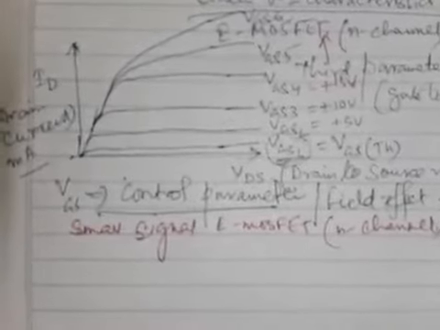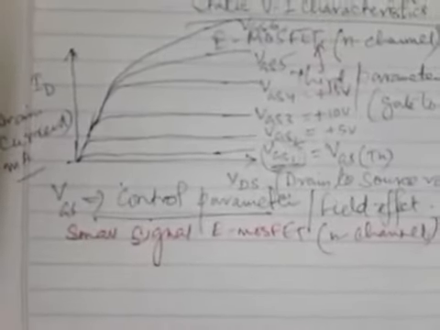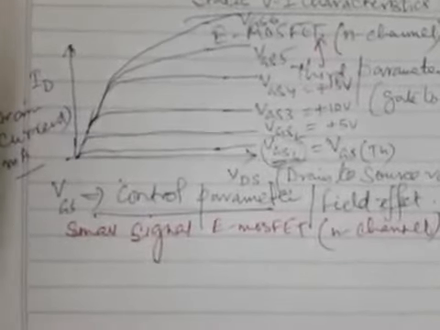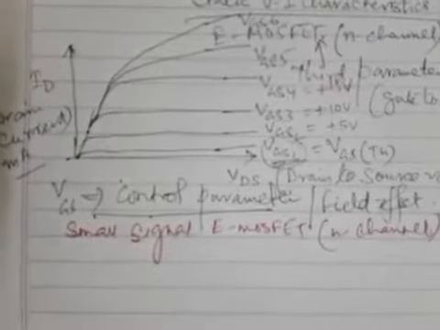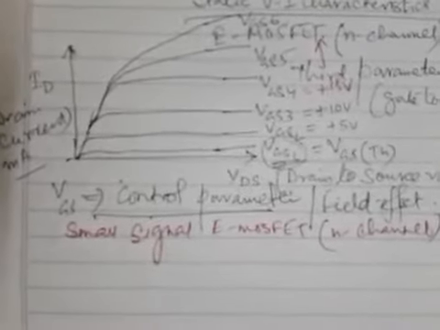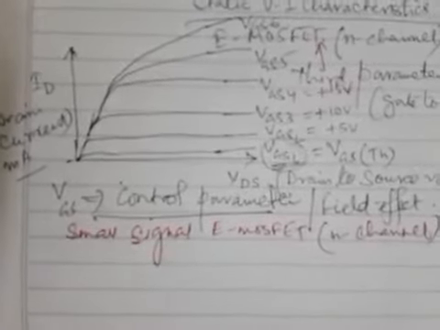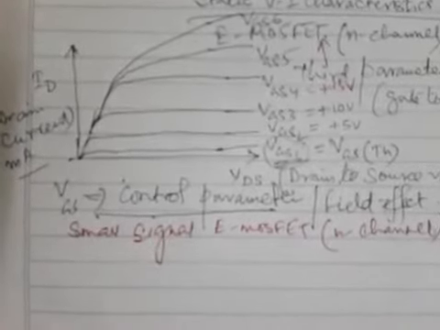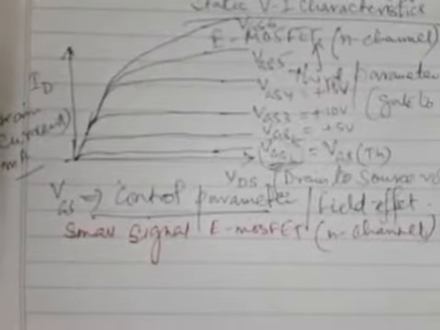We have already seen in the last lecture that the drain characteristics of an N channel MOSFET may be operated in either enhancement or depletion mode. In the same diagram, we can draw the enhancement mode, which occurs for positive values of VGS, and the depletion mode, occurring for negative values of VGS.